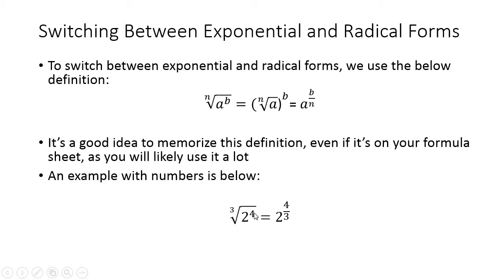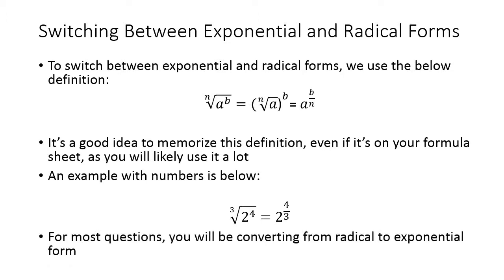So 2 to the 4 is already an exponent and it goes to the top of the fractional exponent, and then the index goes to the bottom. So if you remember just that this 4 always goes to the top, then this number needs to go to the bottom. For most questions, you will be converting from a radical to exponential form. So that's the radical form there, and the exponential form over there.